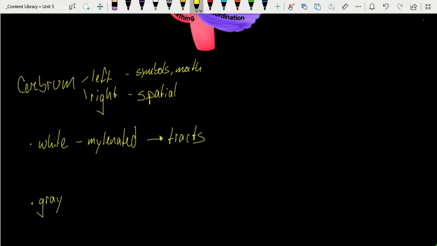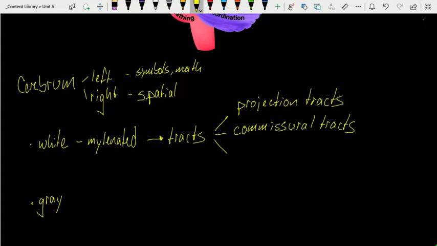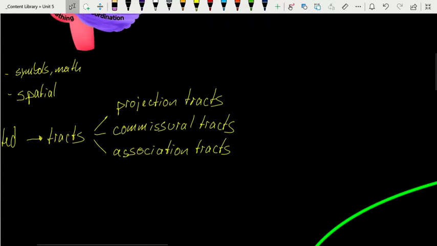And we can actually divide this up into three different types. We've got what are called projection tracts, commissural tracts, and association tracts. And the names help us understand where these are projecting or associating with or to. So if we're talking about projection tracts, the easiest way to think about projection is communication with the brain and the body.